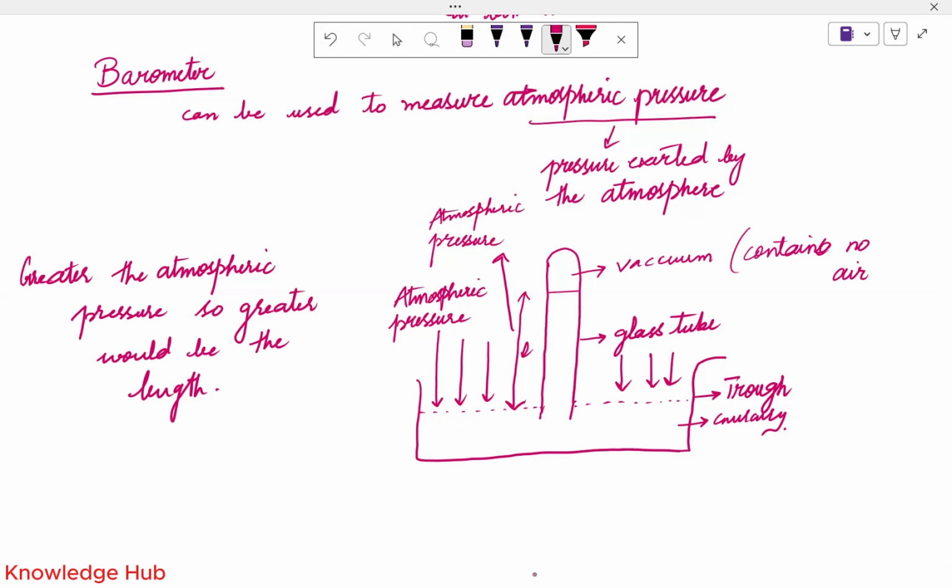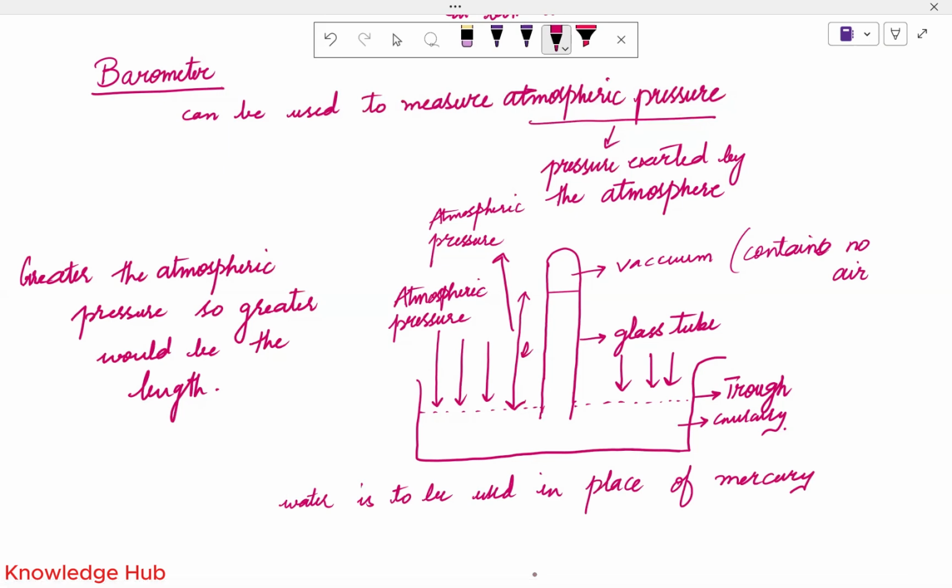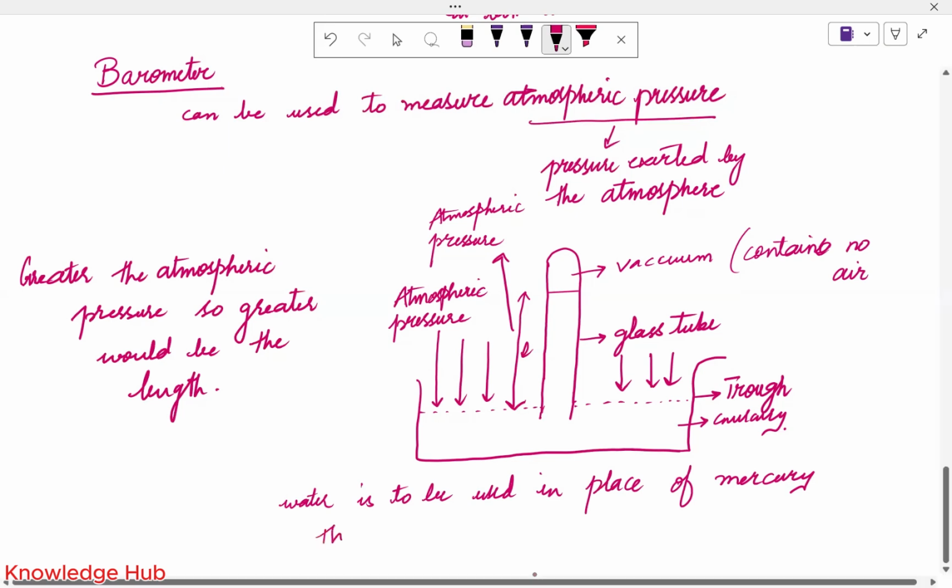And there is one more important thing: we are using mercury in the barometer because if water is to be used in place of mercury, then we have to use a taller tube. Why? Because mercury is denser than water.